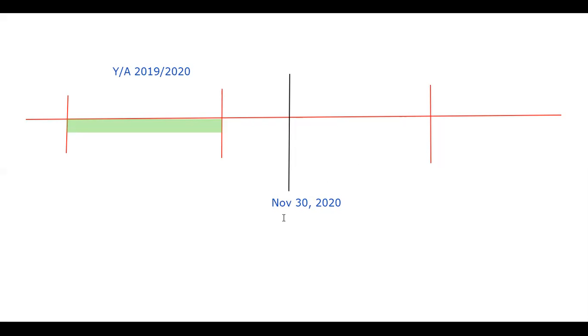Let's say the filing date is November 30th. Then they can issue an assessment from this date to this 30 months.